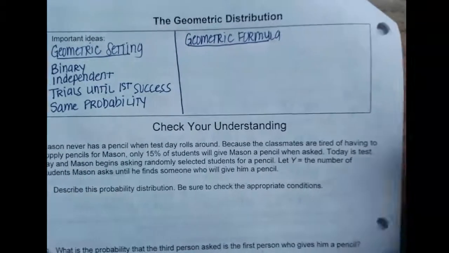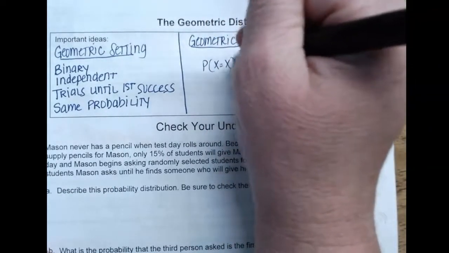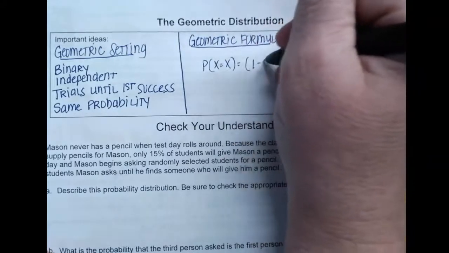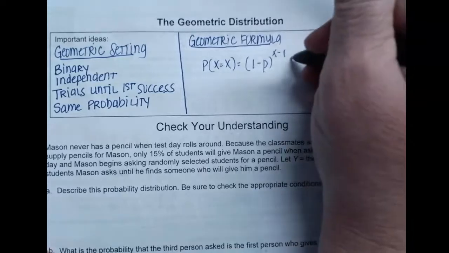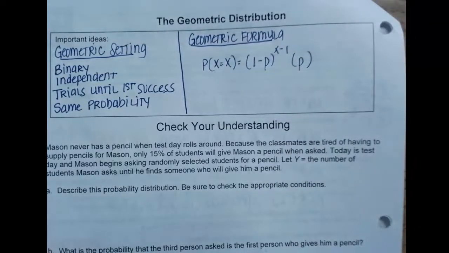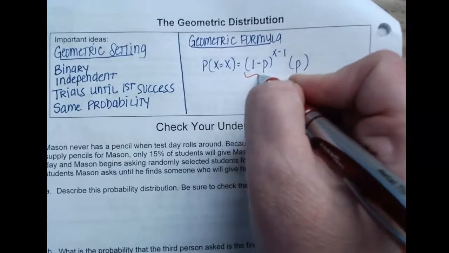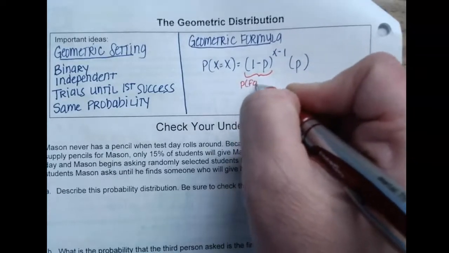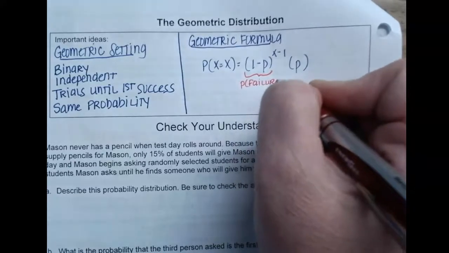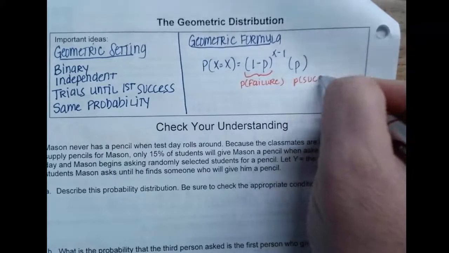Alright, so let's take a look at our formula. This is on your formula sheet, so don't worry about memorizing it, just be able to read it and identify it. 1 minus p is always the probability of failure, because p is the probability of success.